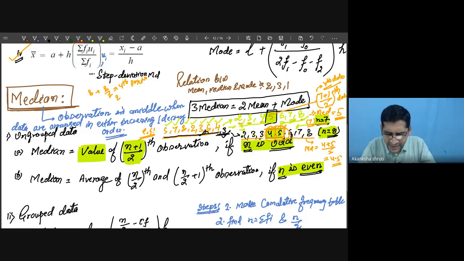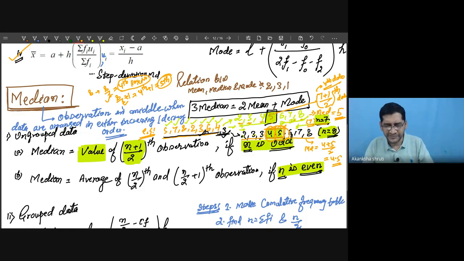Then 8 by 2 plus 1 you are doing, or to this fourth that you have calculated, one more you have to add to get the fifth. So the observation at the fourth position and fifth position you have to take, means the observation at n by 2 and n by 2 plus 1.